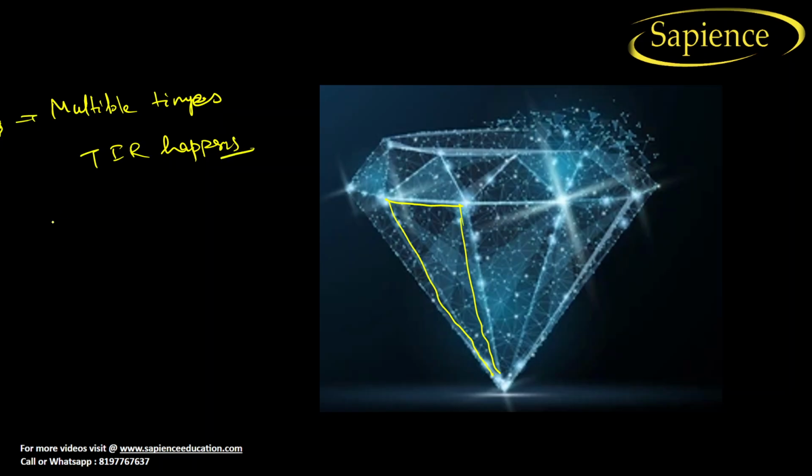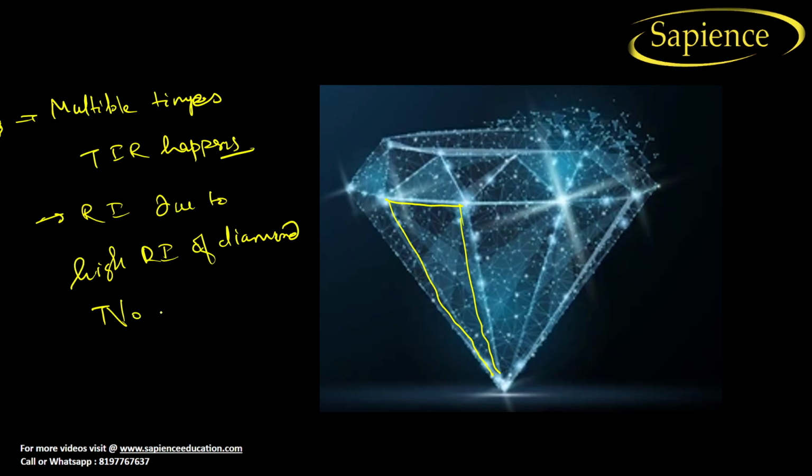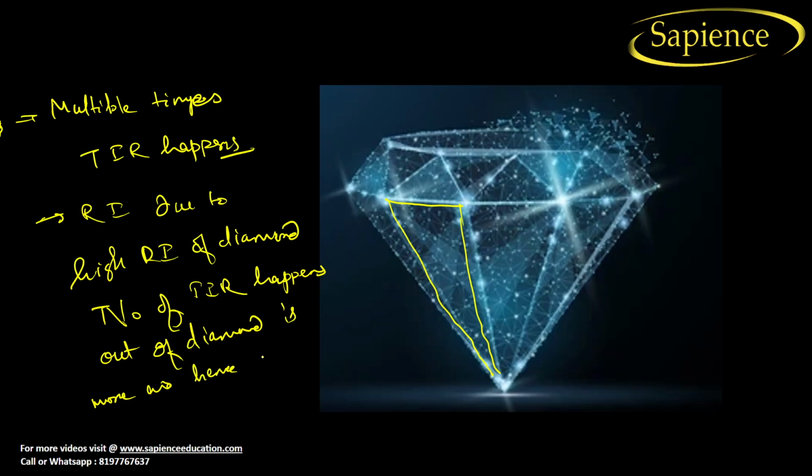And second, when we talk about the refractive index, due to the high refractive index of diamond, what we have observed is that the number of total internal reflections that happen inside the diamond is more, and hence it will glow more.